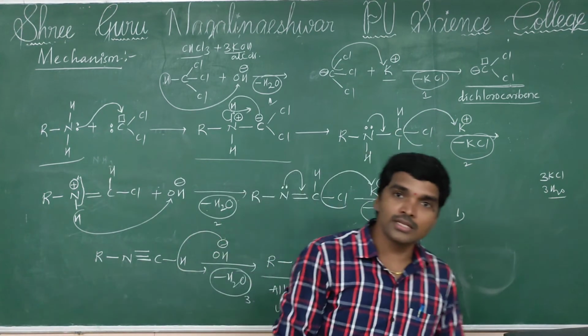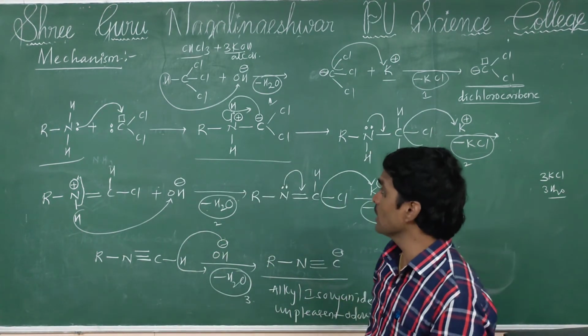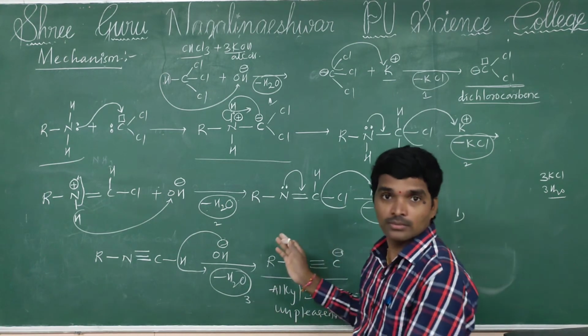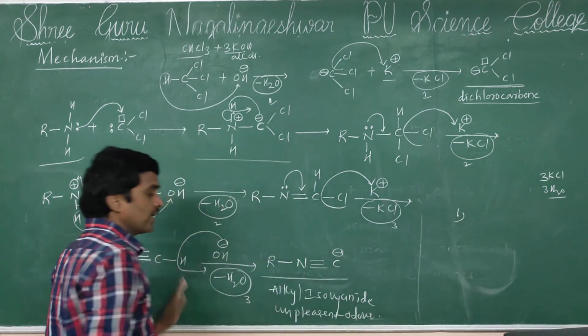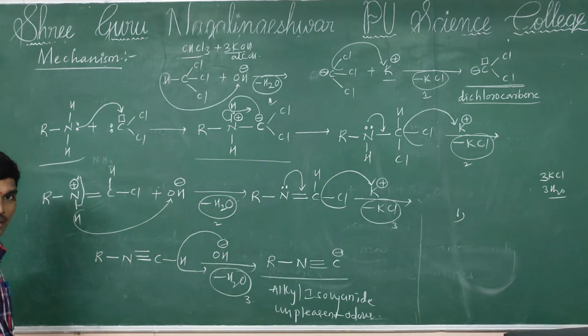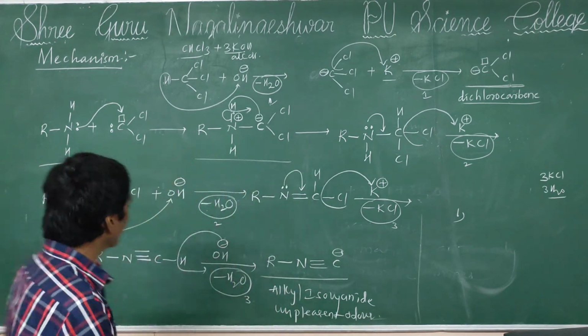Due to this reason, secondary and tertiary amines do not give the positive carbylamine test. It is given only by primary amines, primary aliphatic as well as aromatic.